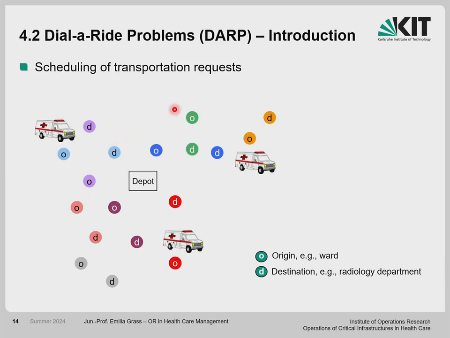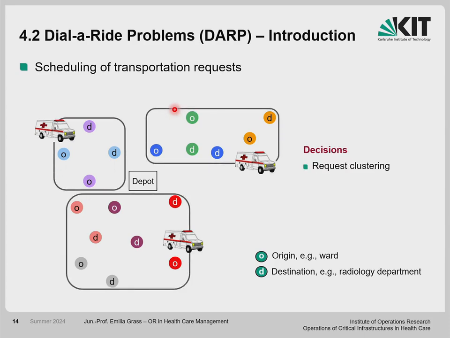First of all, we have to decide which patients should be carried by which vehicle. So this vehicle is covering these nodes, this one is covering those, and so on, on a campus where buildings are located far away from each other. So the first decision we have to make is the request clustering: which vehicle for which patient.